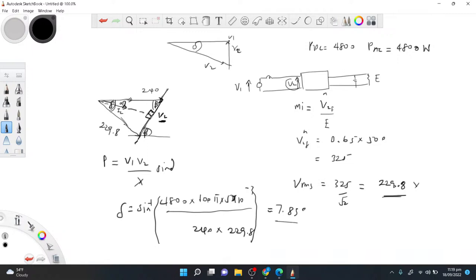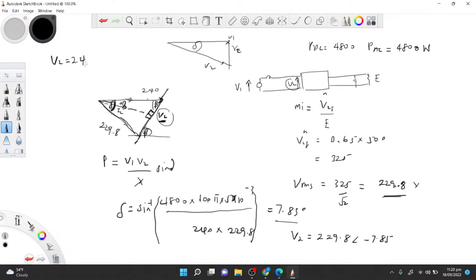But don't forget that this is lagging, which means my V2 is given by 229.8 angle negative 7.85. Therefore, vector-wise, my VL is given by this minus this.